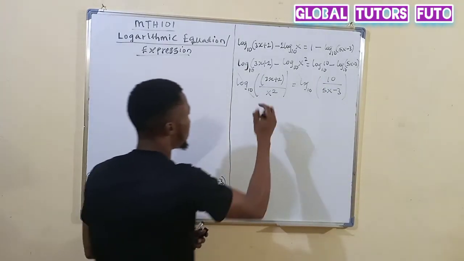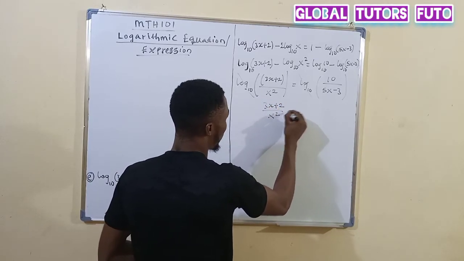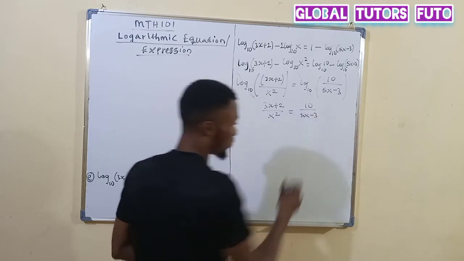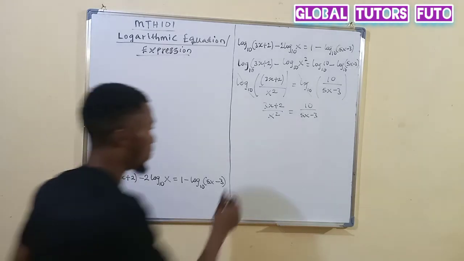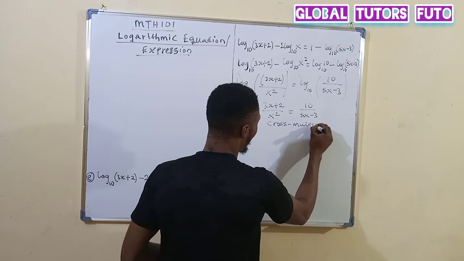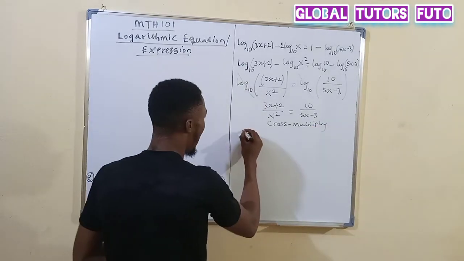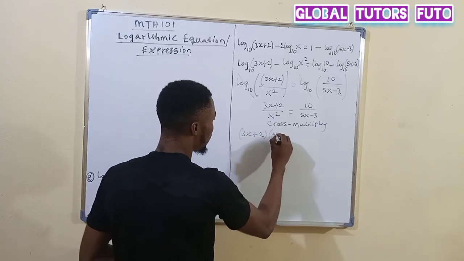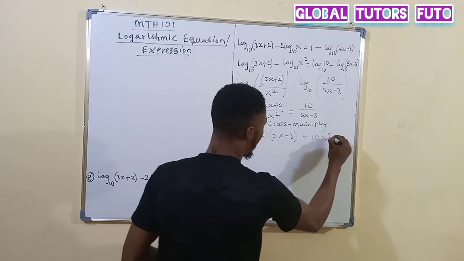So we are left with 3x plus 2 over x squared equal to 10 over 5x minus 3. So at this point now, what do you expect? We are going to cross multiply. So when we cross multiply, we will have 3x plus 2 into 5x minus 3 equal to 10x squared.